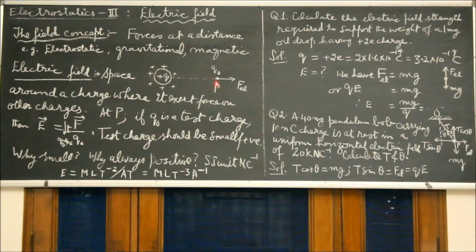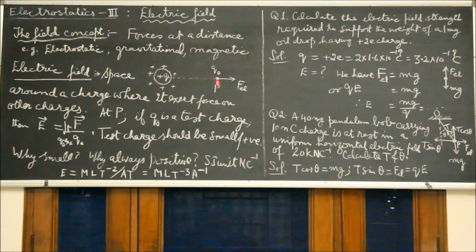We say that point P is in the field of the charge Q. In order to measure the strength of the field at point P, means how powerful, how strong the field is at P, we define a term electric field intensity, denoted by symbol E.